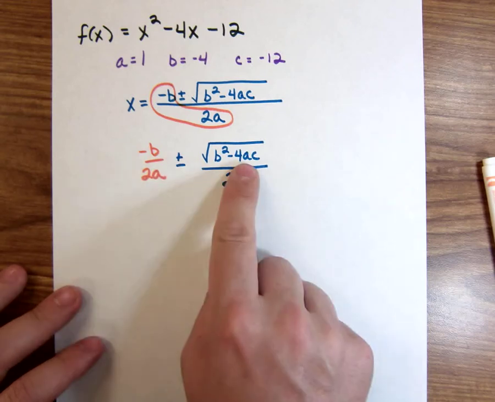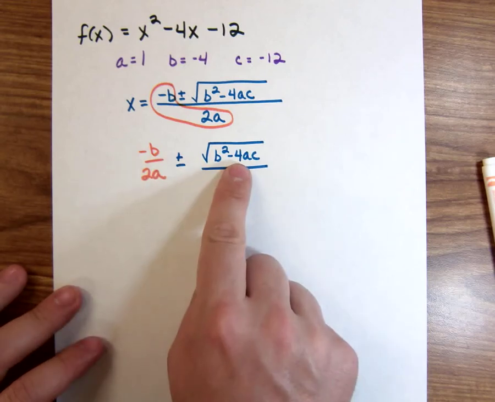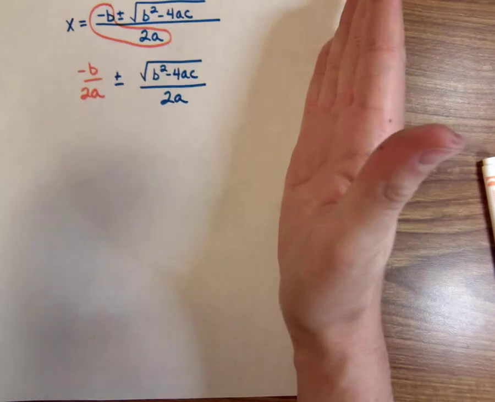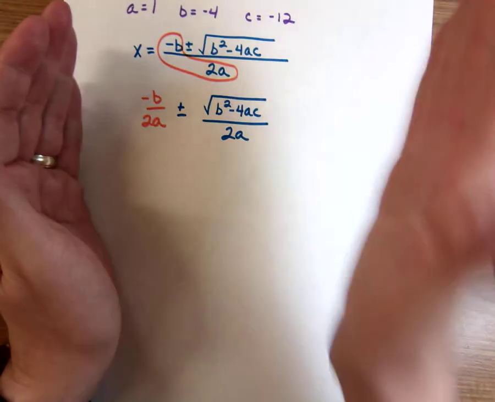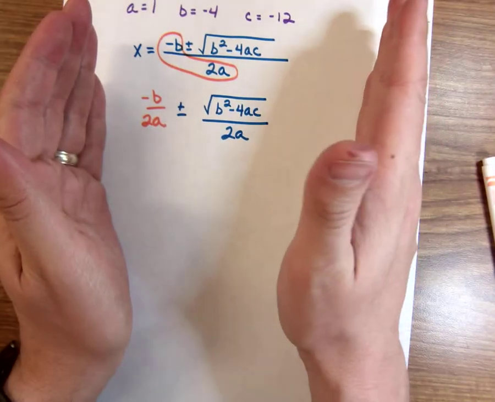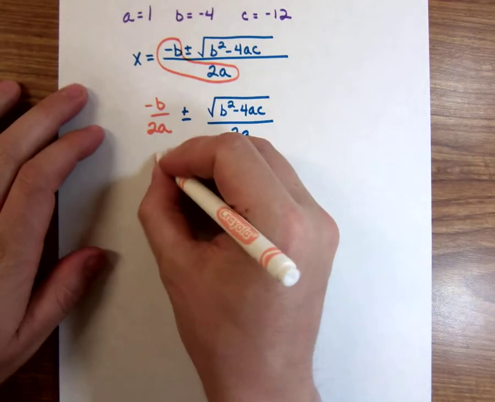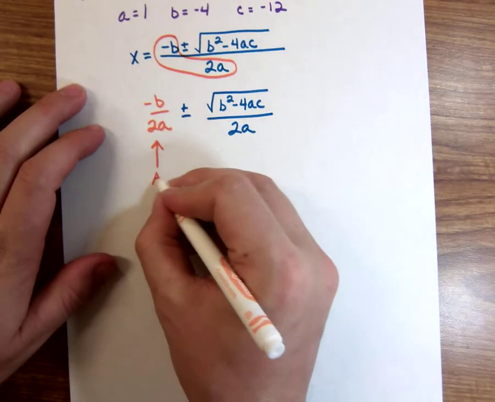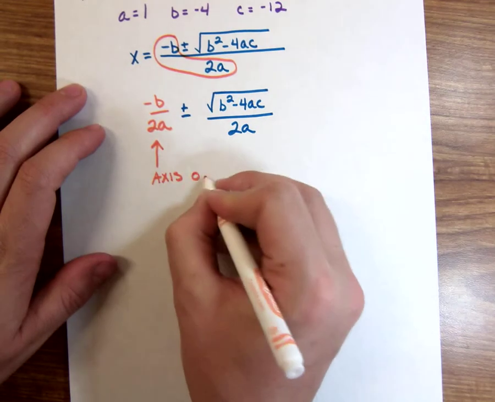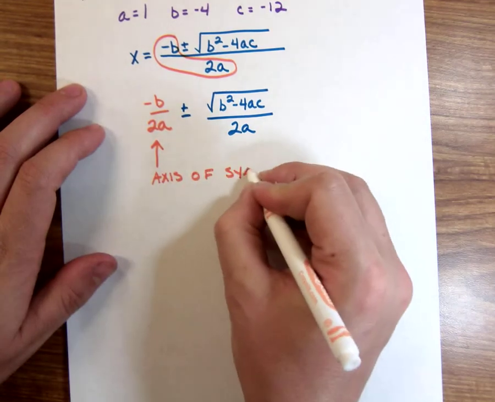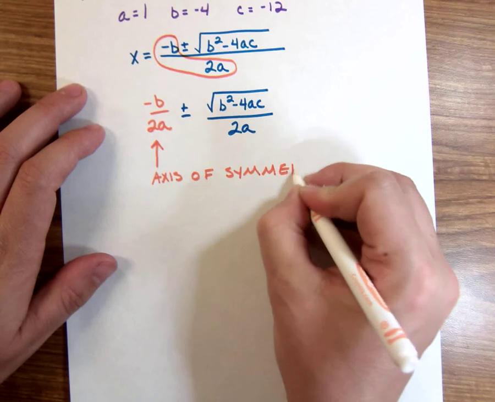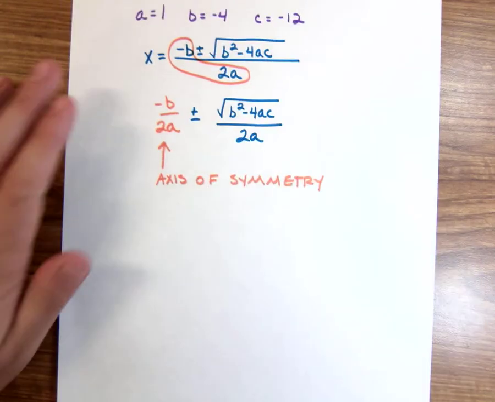Add a little bit, subtract a little bit, that gives you the 2 sides of the graph. Some on this side, some on this side. This side and this side of what? The middle. Which means this right here is the formula for the axis of symmetry. That is the middle of the graph, right through the middle of the graph.